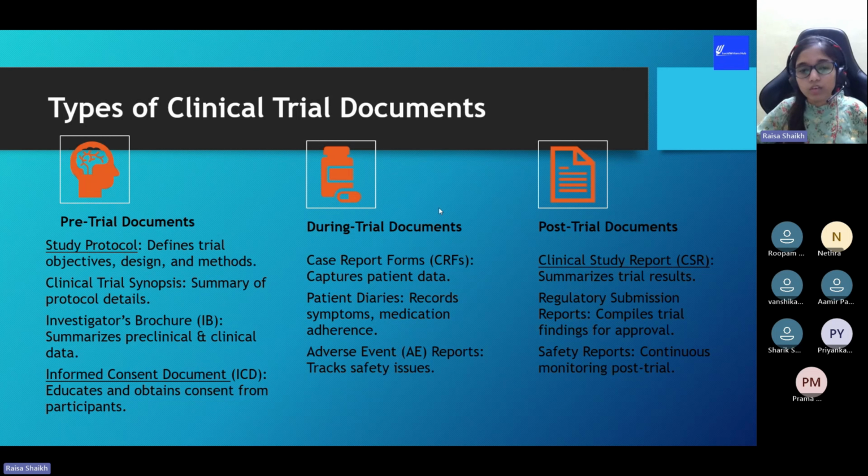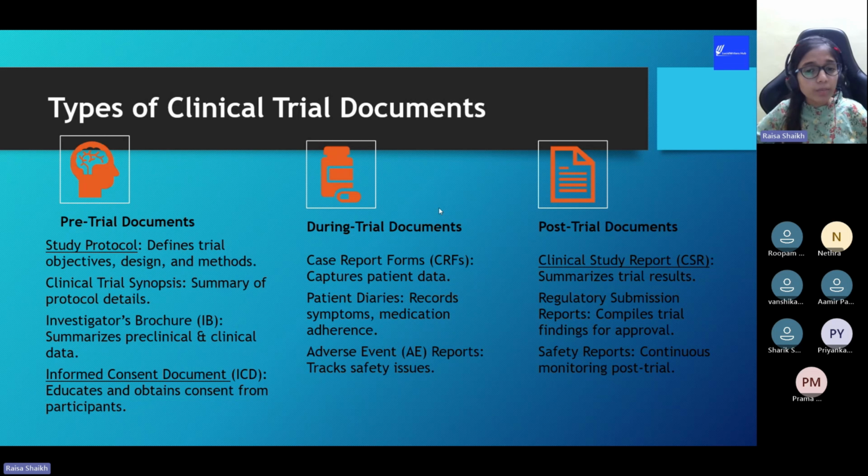Figures are based on what complicated figures were required. Like if we wanted an HbA1c bar graph, whatever type of figure we require, we can inform the statistician that I want this particular figure, and then they will provide it. Then we have to compile the study report. In the study report, we add the protocol data, which is the methods section. Introduction we have to write on our own.